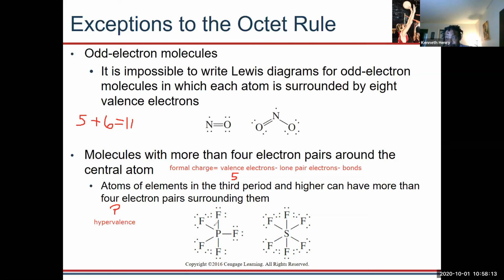Are you sure? Right now, there's 5 around it? None. Lone pair are electrons that are not involved in bonding. None. How many bonds do we have around phosphorus? 5. So our formal charge is 0.